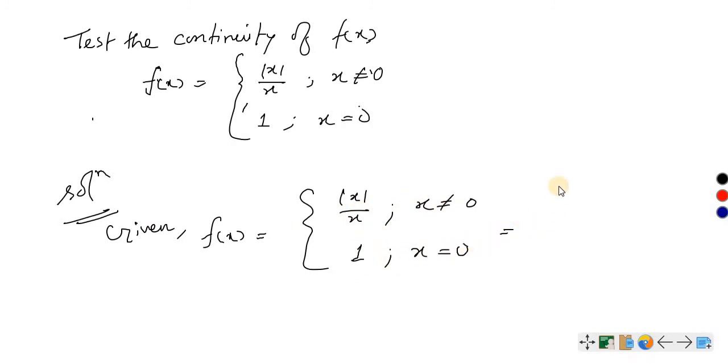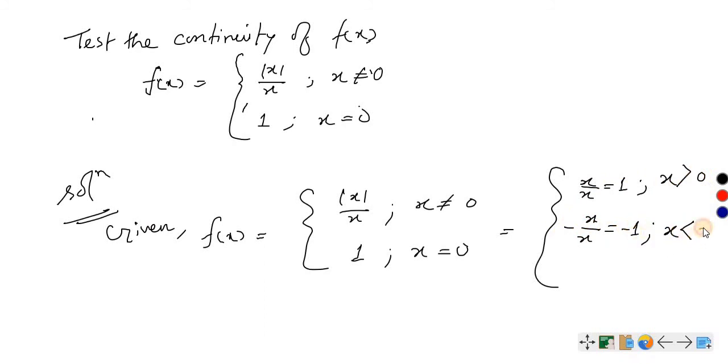This can be further rewritten as: x by x is equal to 1 for x greater than 0, minus x by x is equal to minus 1 for x less than 0, and 1 for x equals to 0.